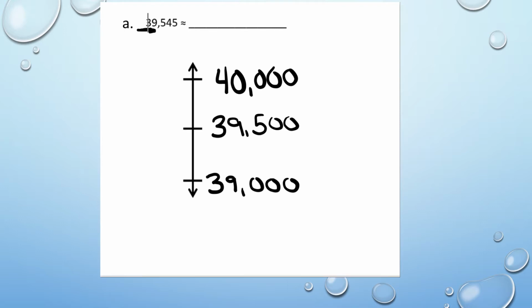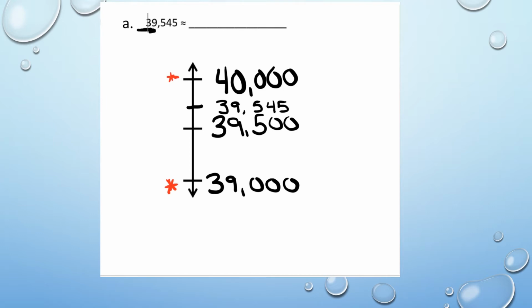Now that I have my benchmark numbers, I can add my original number to the number line. And I know that 39,545 would go directly above 39,500. Now I can pick the number I'll round to. My choices are my bottom number and my top number.